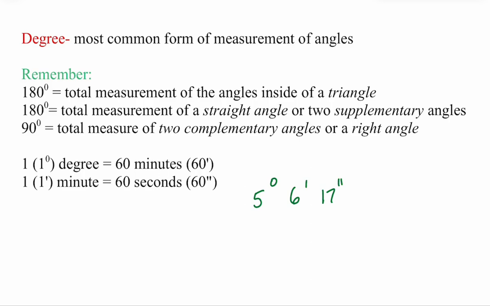What does that mean? Okay, so this would be your degrees, this would be your minutes, and this would be your seconds. If you took a degree wedge, so a degree is very small, if we broke that down into 60 pieces, that's the size of a minute. If we took that and broke it down 60 more times, that would be the size of a second.